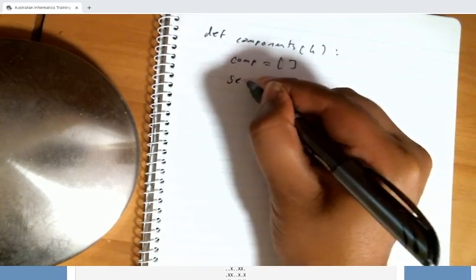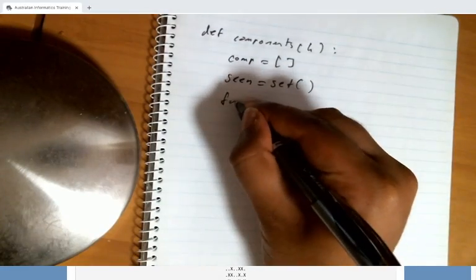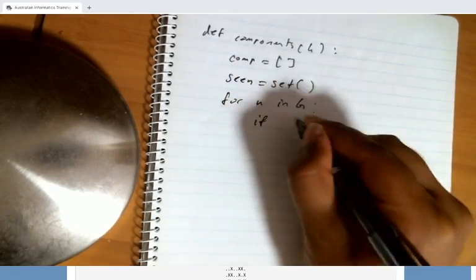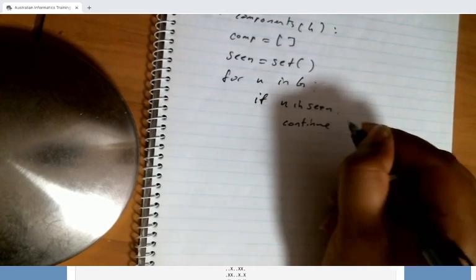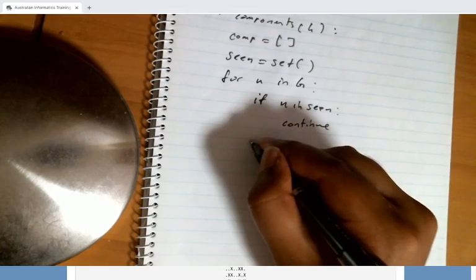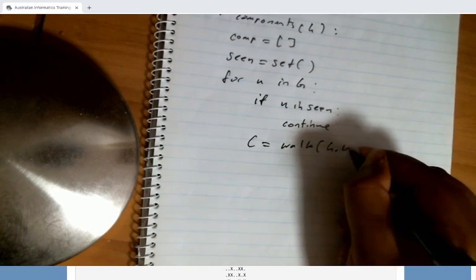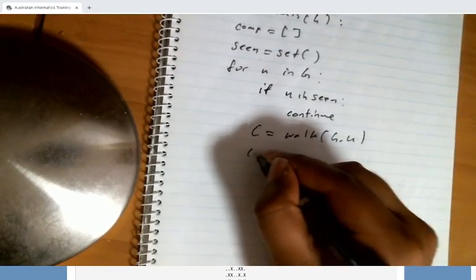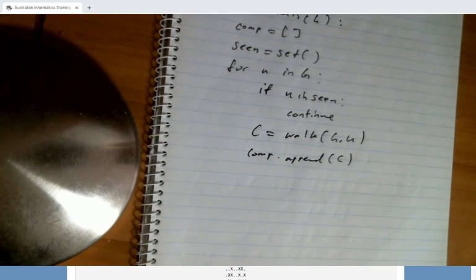All right, so comp is this. We make a set of nodes that we have seen, and for each node U in G, if we've seen it, if U in seen, we just continue, we don't do anything, and otherwise we make the component C equals walk G, U. So otherwise we run the walk function, and then we just write comp dot append C. And what we've got is just a list of connected components, and we're just going to return comp.